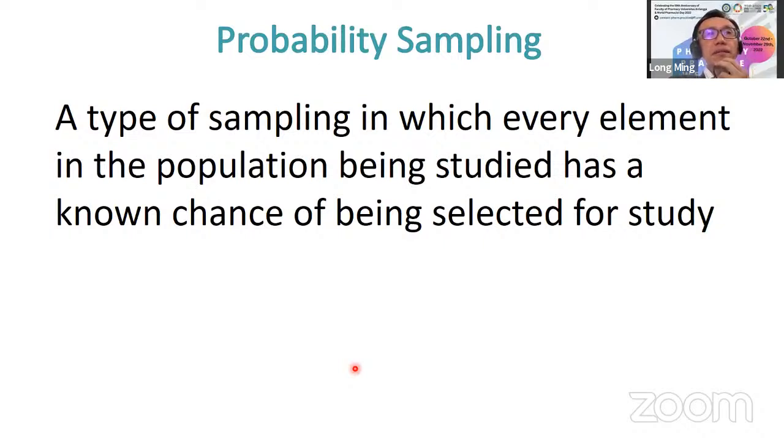Probability sampling is the sampling method where you can identify the elements of the population being studied, or you will know the chance of being selected for the study for each unit or each individual. If you look at the different sampling methods, you will have a better understanding.